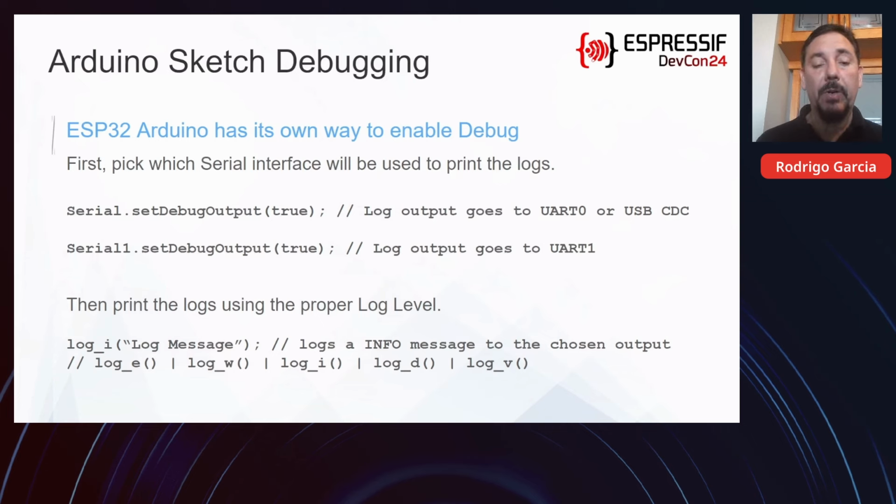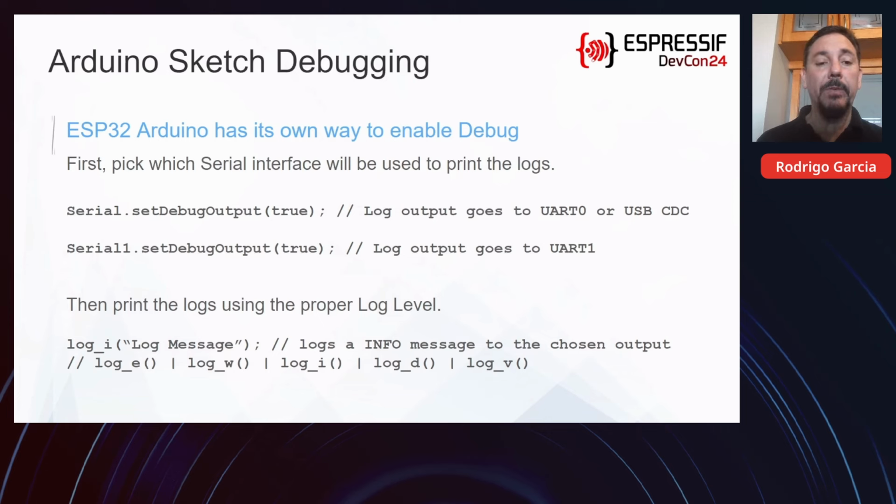And in order to do that, you just use this method, which is setDebugOutput to true, using the serial object that you want to use for logging messages. In case you're using CDC, remember that Serial will be the CDC port, OTG, or hardware serial that you're using. In that case, the message will be outputted to the USB as well.